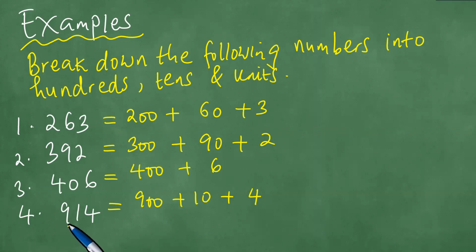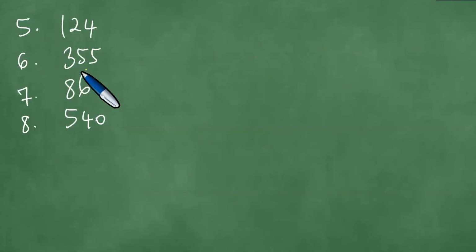Okay, let's look at the number 914. So 914, you split it into 900, then 10, and then 4 for the units digit. Okay, let's see what Mpile can do. How can you break down the number 124, Mpile?